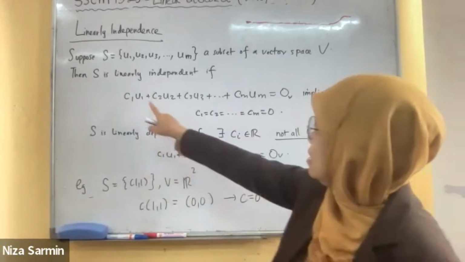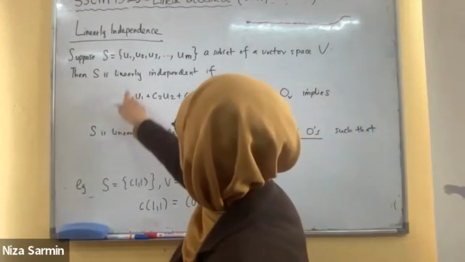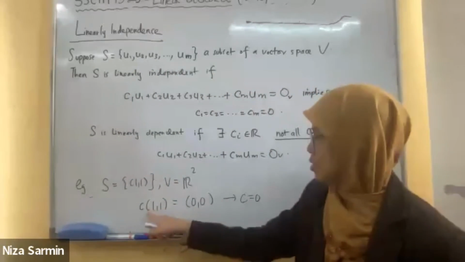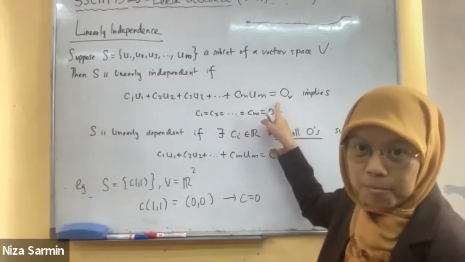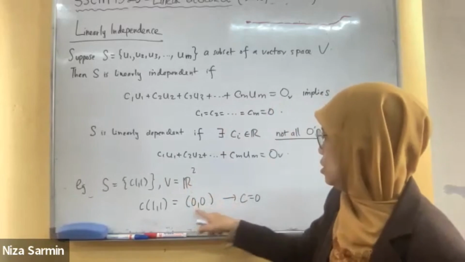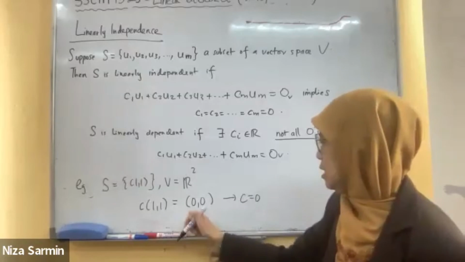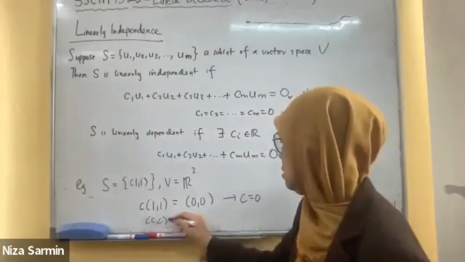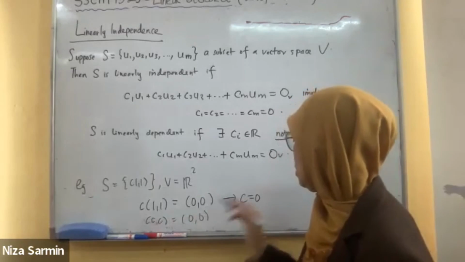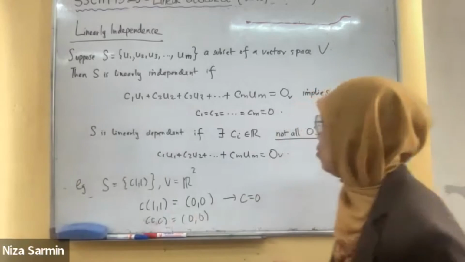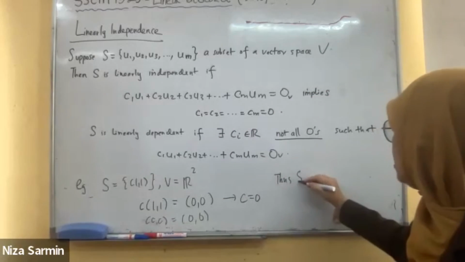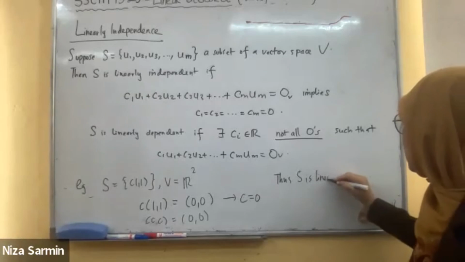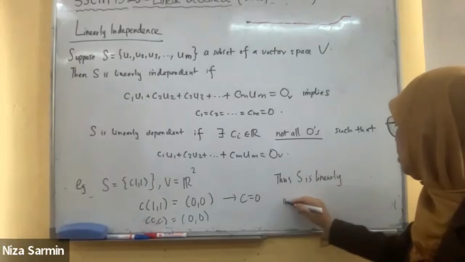You take the C, multiply by there is only 1, so just 1 C. This is always the 0 vector. Okay. And for R2 is 0, 0. So C, C equals 0, 0. So C is 0, right? Once you get all C is 0, thus S is linearly independent.